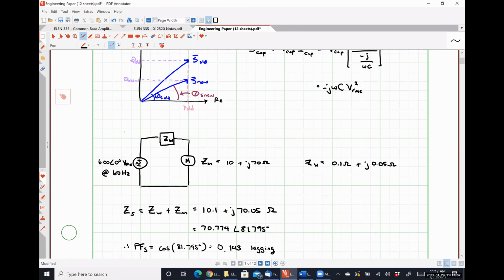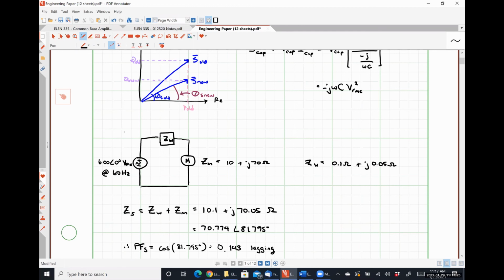So you are suggesting, okay, VRMS squared times, wouldn't it be divided by the magnitude?